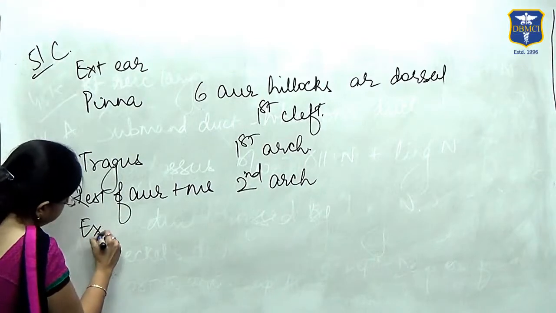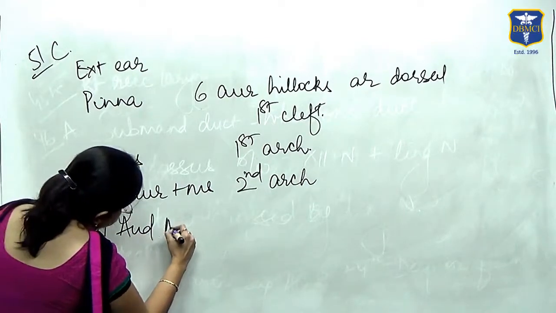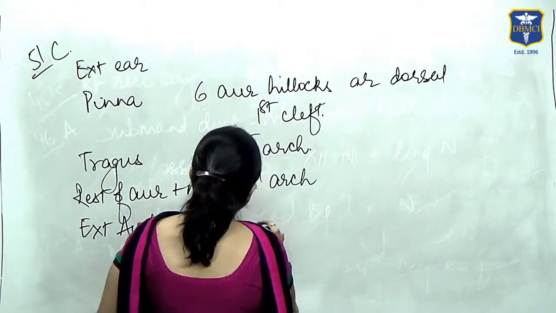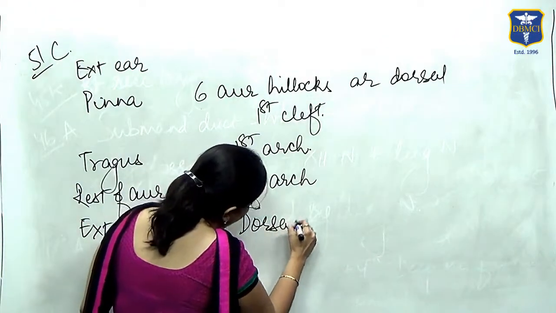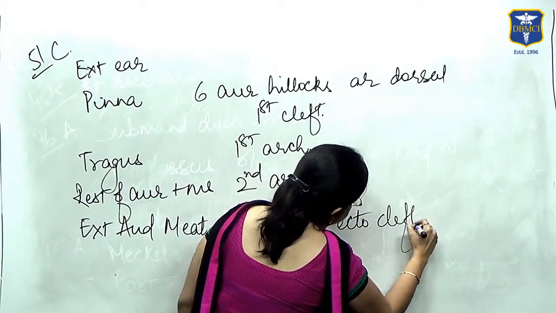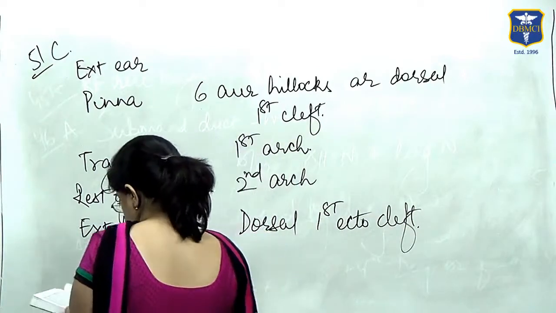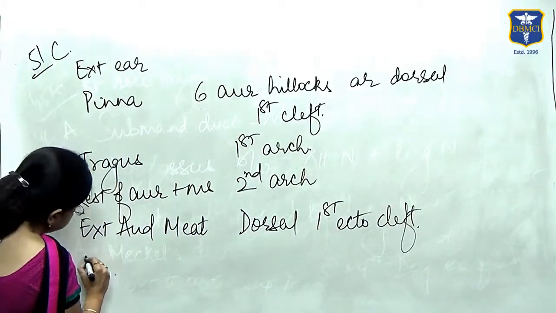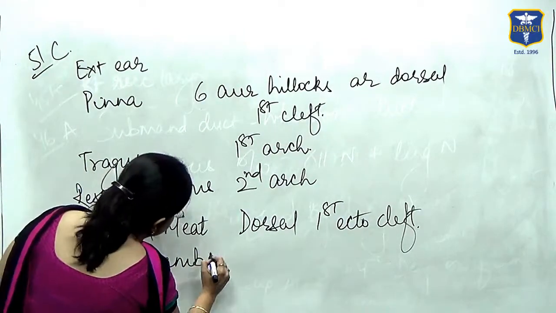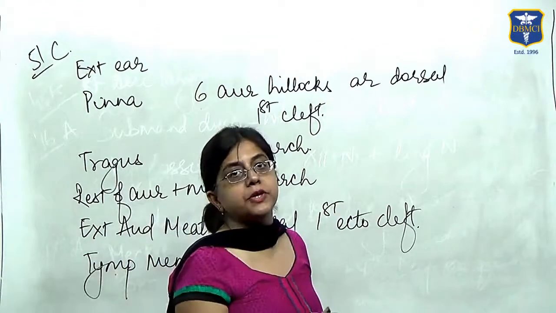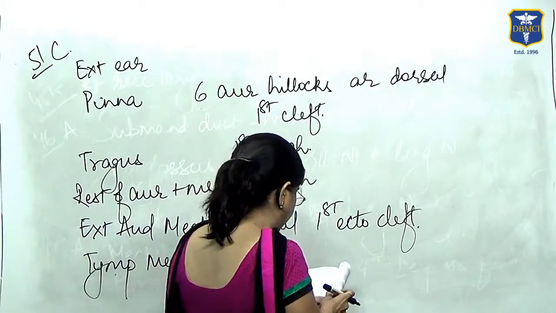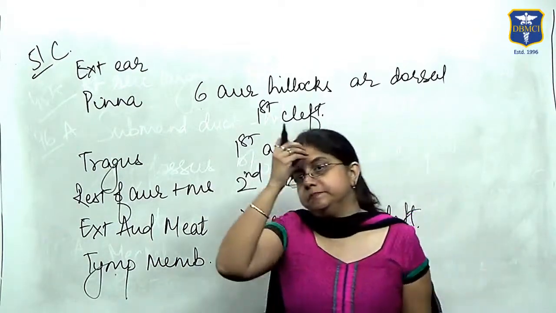External auditory meatus develops from the dorsal part of the first ectodermal cleft. Tympanic membrane is a structure which develops from all the 3 germ layers, the endoderm, the ectoderm, as well as the mesoderm.